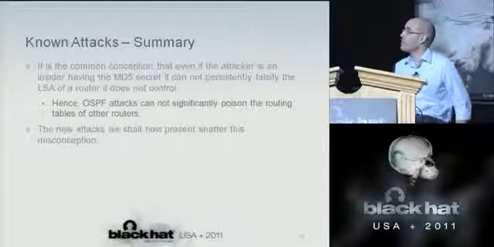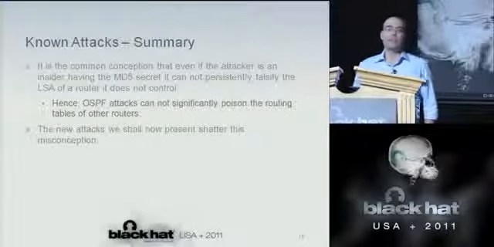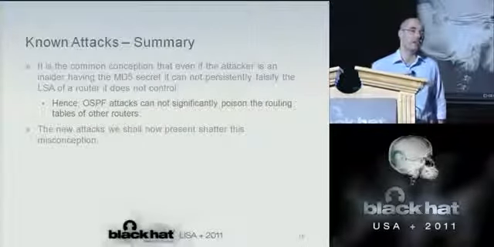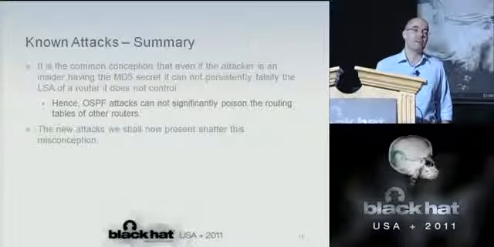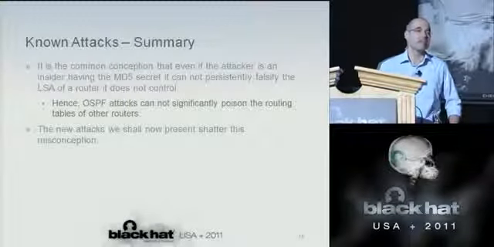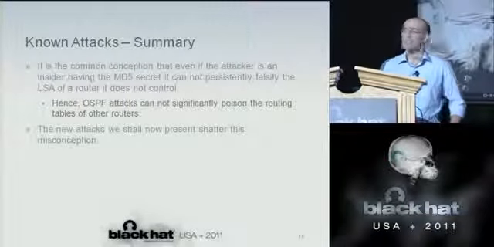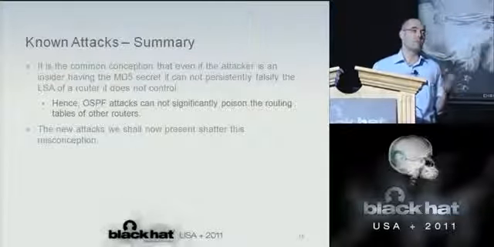So in summary of the known attacks, it is the common conception today that even if the attacker is inside the autonomous system, and let's say that he knows each and every shared secret in the autonomous system, he can't really influence the routing tables of other routers.